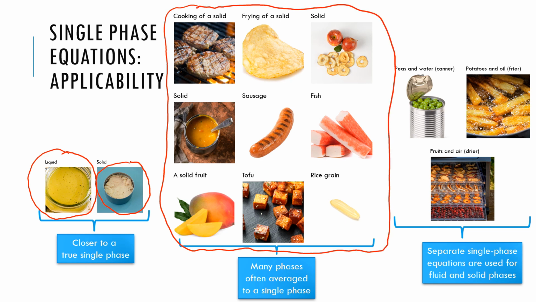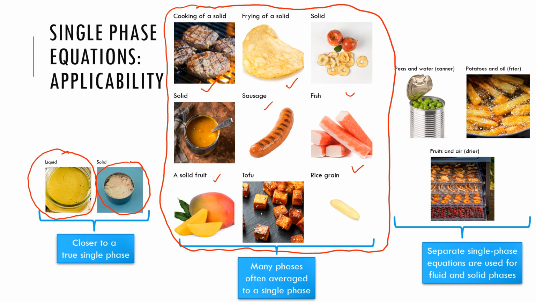So let's pick this one. Let's say for meat, meat has the solids and liquid water, water vapor, fat, and so on. So many different phases. So how is the equation used in these kinds of complex systems, whether it's the potato or the rice grain or the fish or the sausage?